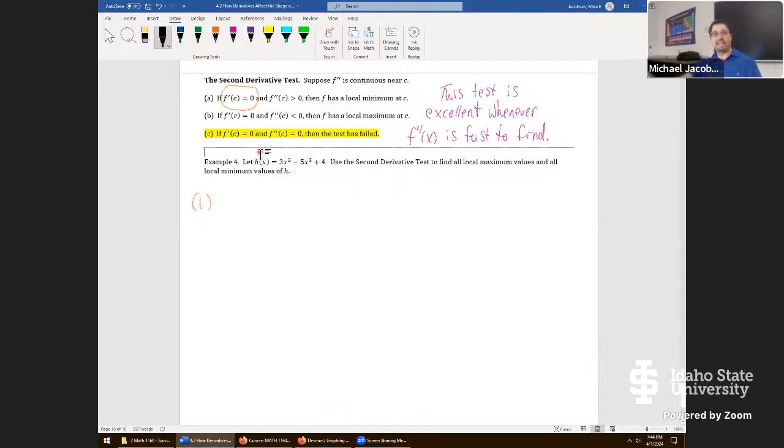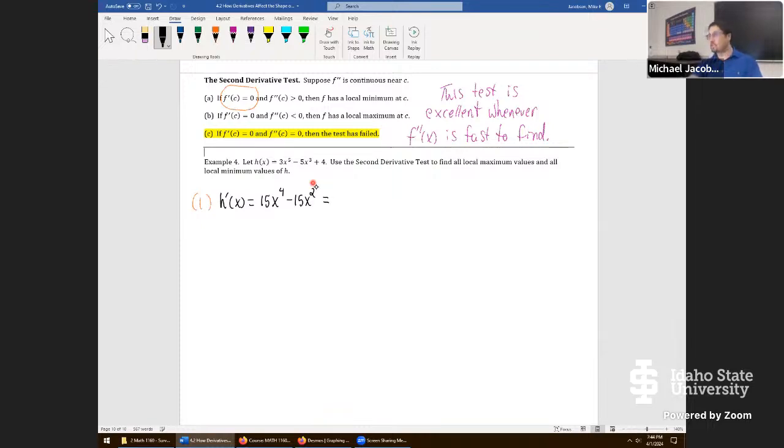You have no idea why I put an h there, but I guess just to see what I would do. It should be h prime of x to match the notation. Then going left to right, we're going to get 15x to the power 4 minus 15x squared. So we've done it, folks. That's our first derivative. Now we need to simplify this a little bit further for our purposes.